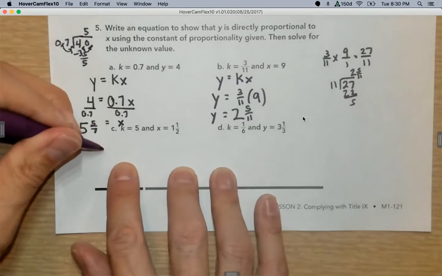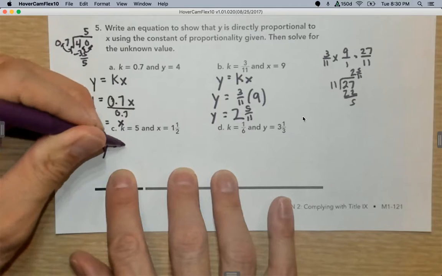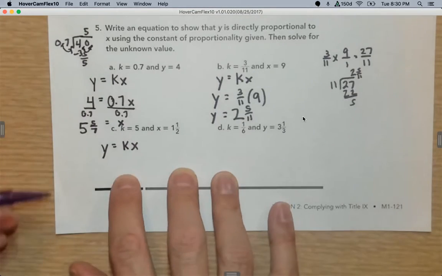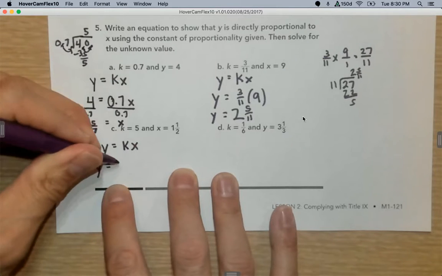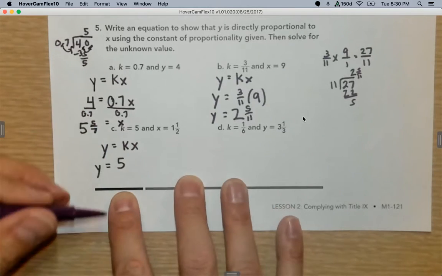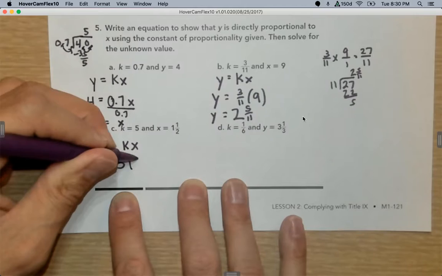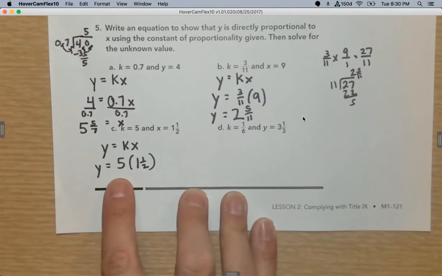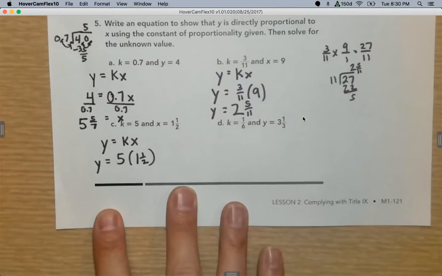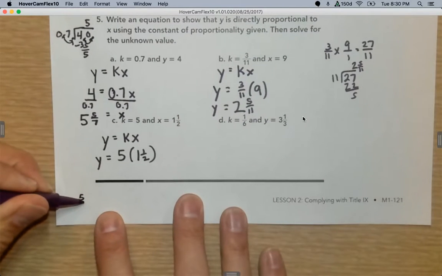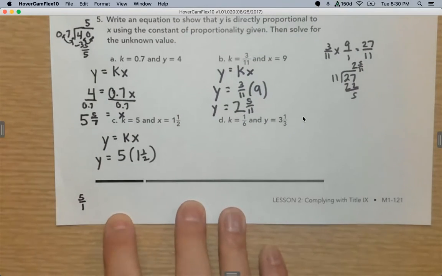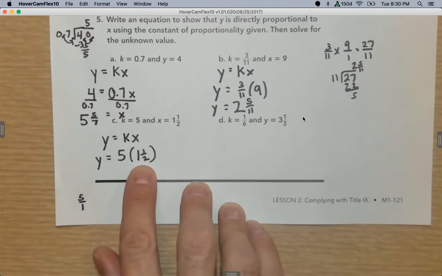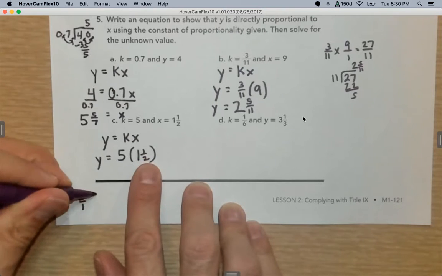Y is equal to the constant of proportionality times x. They don't give me y, but they give me the constant of proportionality, and then they give me x, which is 1 and 1/2. Okay? When I'm multiplying mixed numbers, my whole number I can write as a fraction by putting it over 1. My mixed number, turn it into improper. Whole number times denominator plus numerator is new numerator over the original denominator.